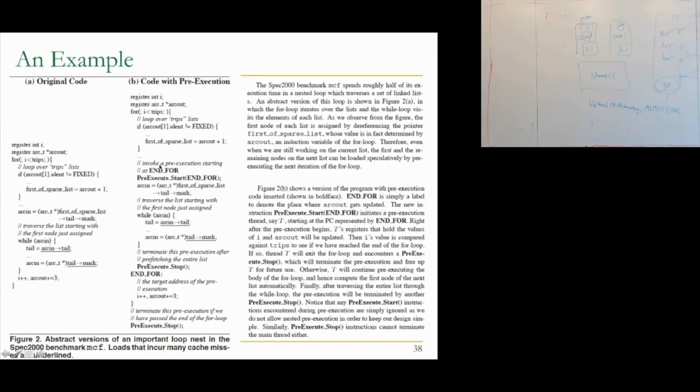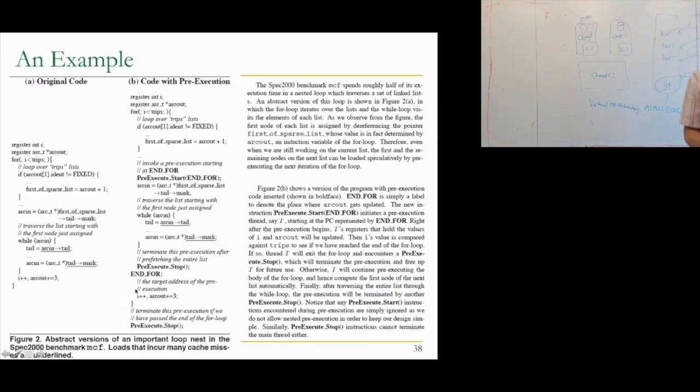Now the question is, do you do nested pre-execute starts? In this paper, I believe they did not do it. But you could do nested pre-execute starts, right? The pre-execution thread can launch another pre-execution thread. The pre-execution thread stops when it finishes the next iteration, right? It can also stop over here, if there is no next iteration left, there's another pre-execute stop.